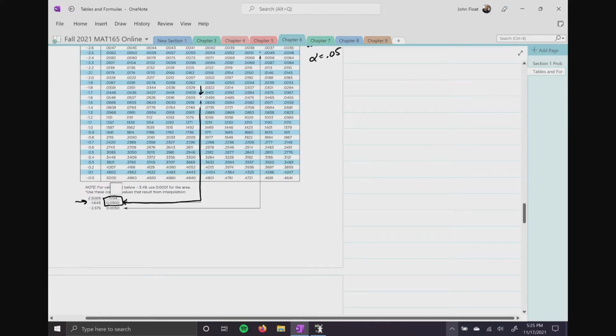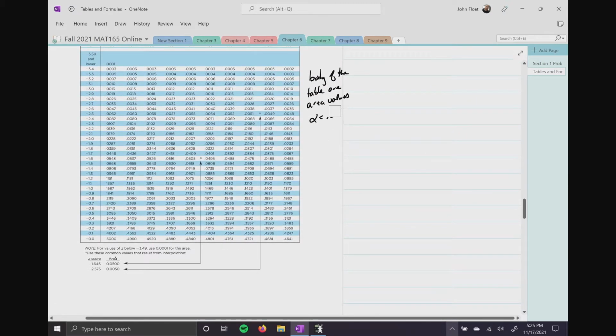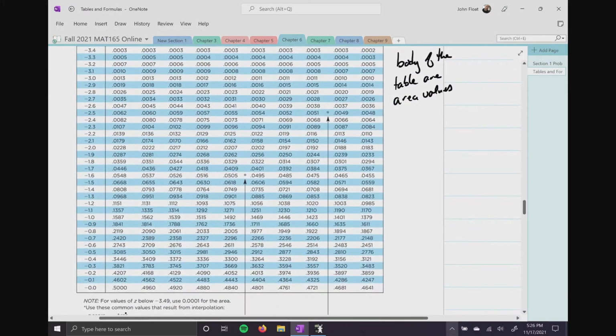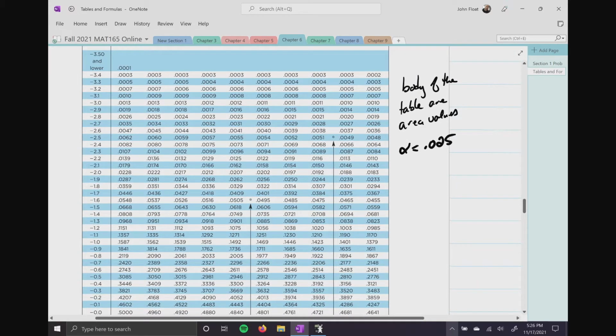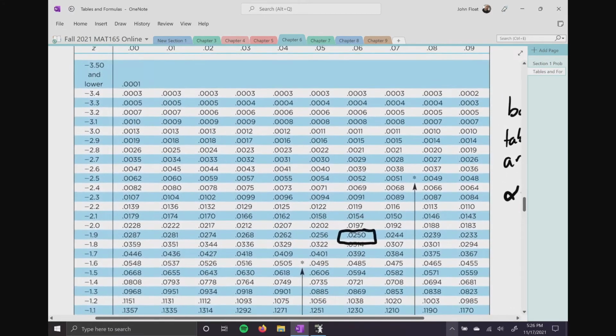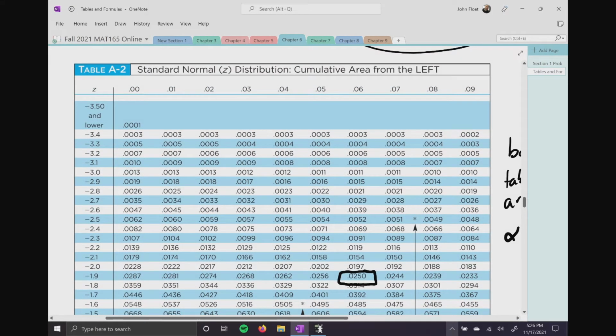All right, so here we go. Let's erase some stuff. All right. So we need alpha 0.025, okay? So I'm going to go ahead and just scan. And I only know this because I've done this so many times. But right there, I can zoom in somewhat, is 0.0250. And if you look at the critical value, it's going to be negative 1.96.